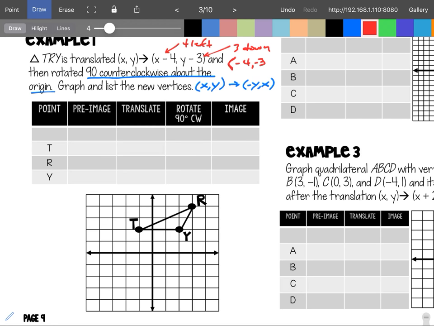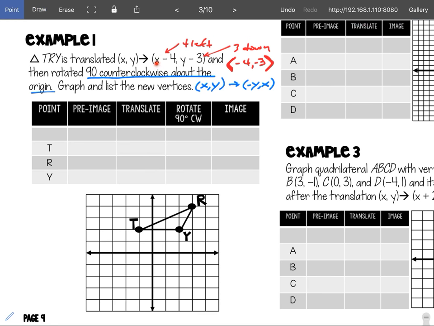Notice that this is not a point. This is not a parenthesis. If you see that, it's not the point -4, -3. That's a vector telling you to take the original image and go 4 left, 3 down. That's how it is on the test, so you got to watch for that. I'm not sure, I'll have to look at the test again, but I don't think they wrote them this way on the test.